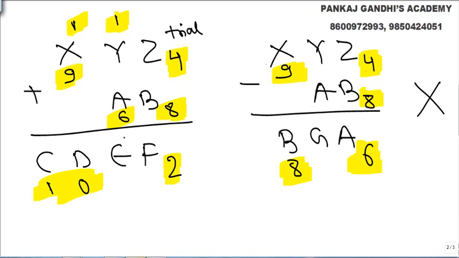So minimum we need 13, and to get 13, 7 and 6, but both cannot be 6, ruled out. It cannot be 3. Let's try 4, not possible, Z is already 4. For 5, to get 15, 6 plus 1 is 7, 7 and 8 is 15, but 8 is already taken. And obviously it cannot be 9. So this did not work out.